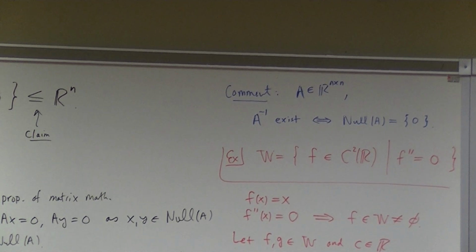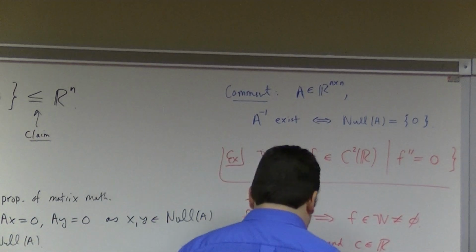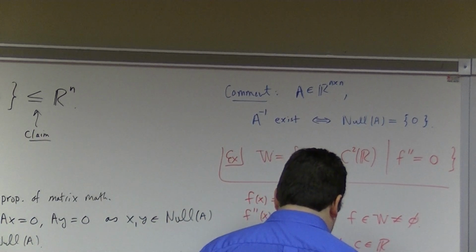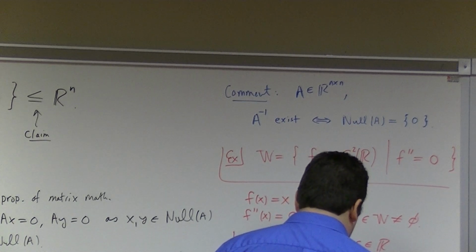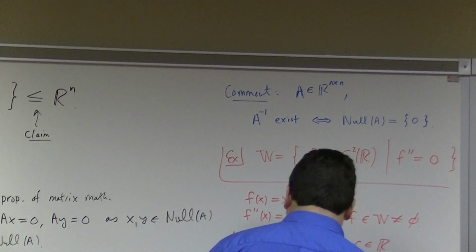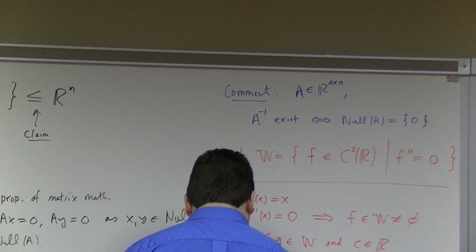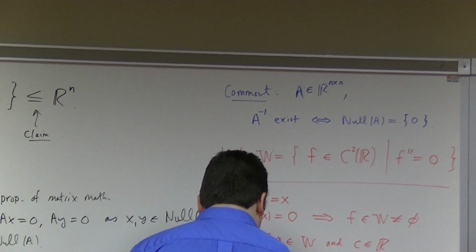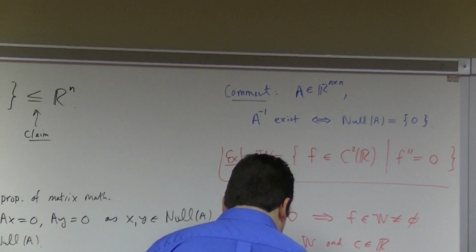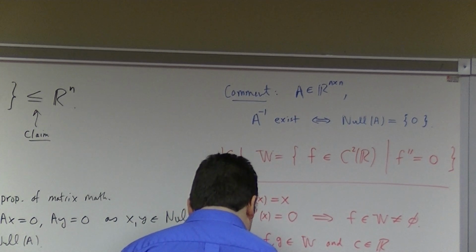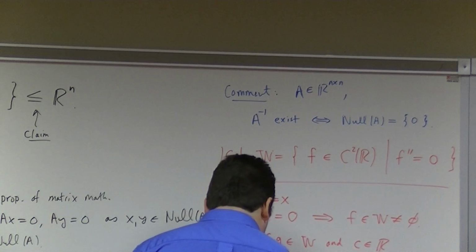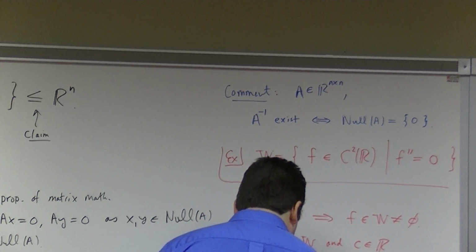So we have c times 0 plus 0, which is 0. Therefore c f plus g is an element of W. If we say c equals 1, we get f plus g is an element of W. If we take g identically 0, we get c times f is an element of W.